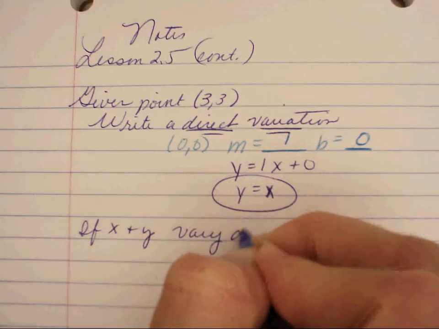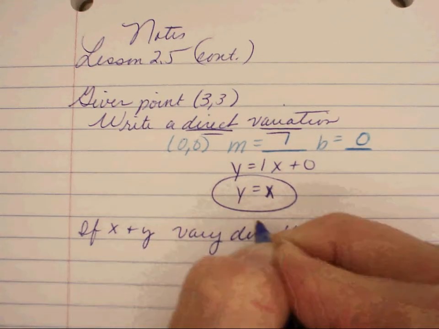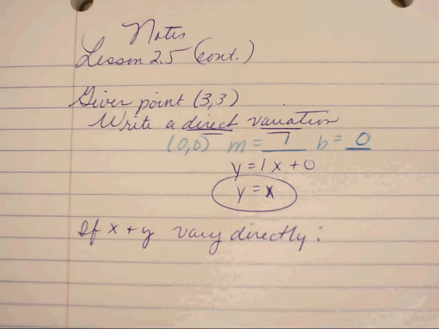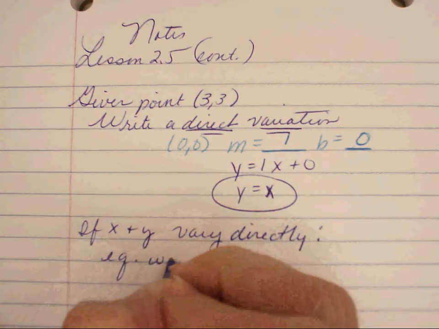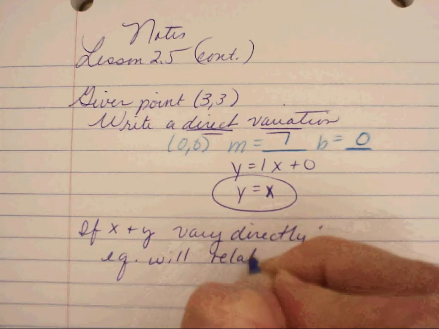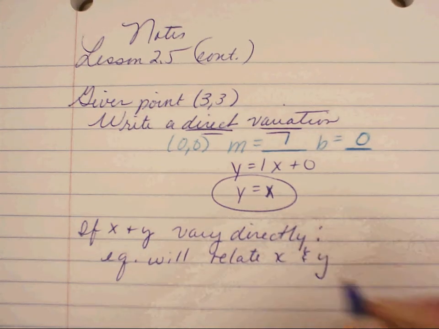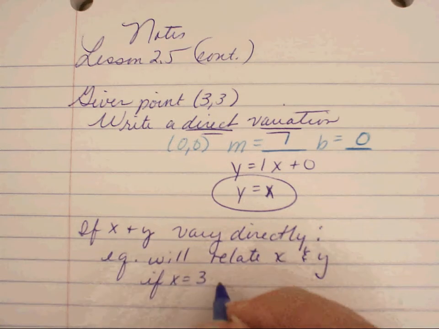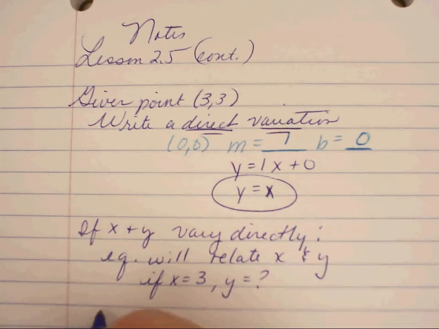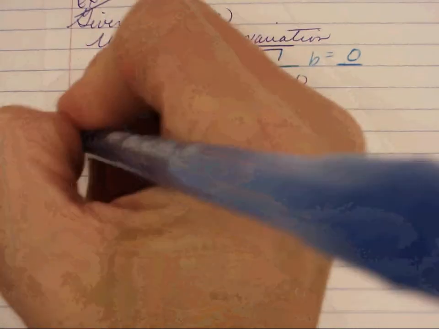If x and y vary directly, and I've given you just that little piece of information in example 2, the equation will relate x and y. If x is 3, I want to know y, given that my initial x was 2 and my initial y was 6.